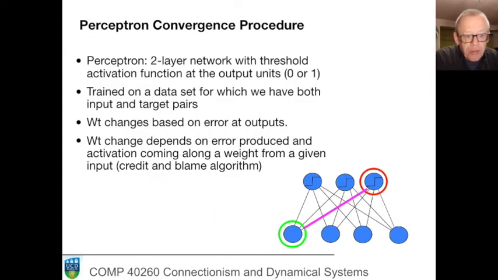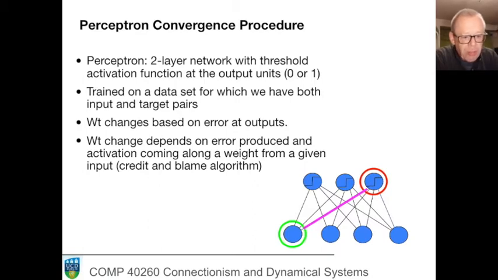The algorithm to train it was the Perceptron Convergence procedure. We won't be doing it in detail because it's consigned to the dustbin of history, but it works much like the algorithm we will be using, backpropagation. So we start off with input and output pairs. And to give you a flavor of the algorithm, like backpropagation, it's a credit and blame algorithm.